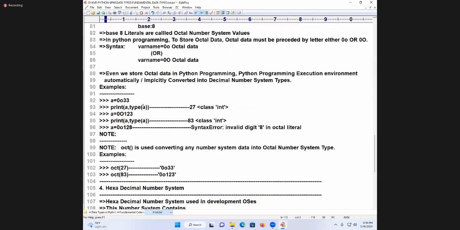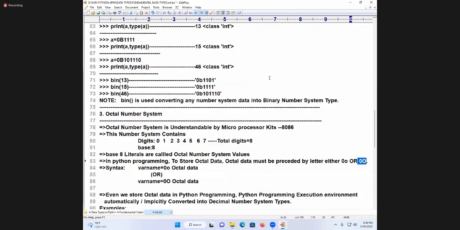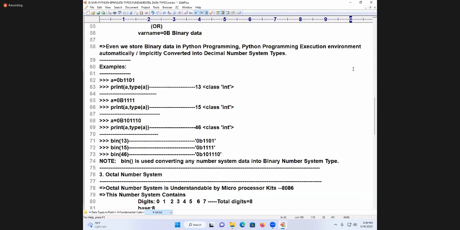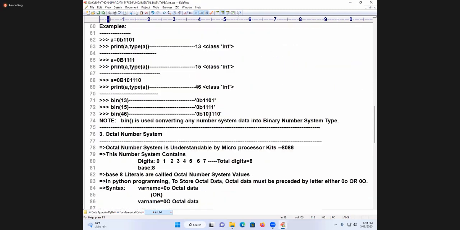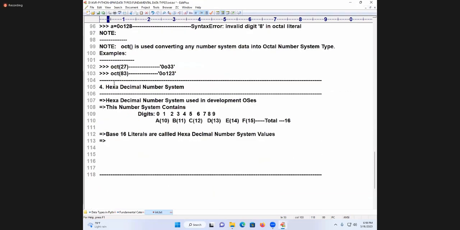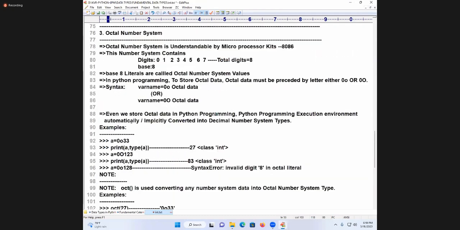As we learned, to store octal data in Python programming, we use 0o or 0 capital O. At the same time, to store binary data, either 0b or 0 capital B. In a similar manner, I will carry the same syntax. Once we understand yesterday's class, today's class is dead easy.